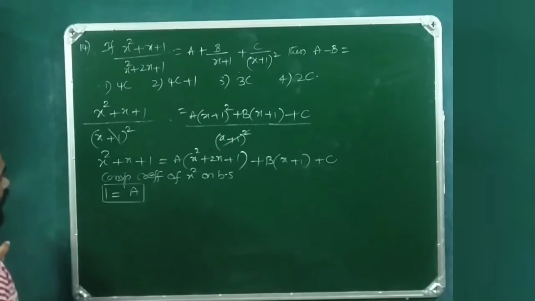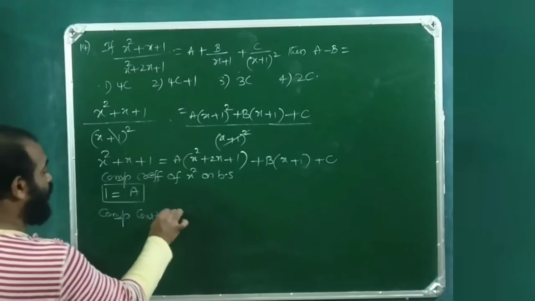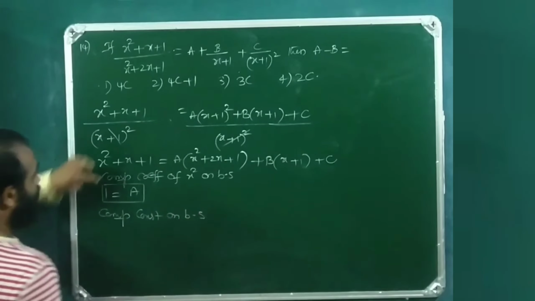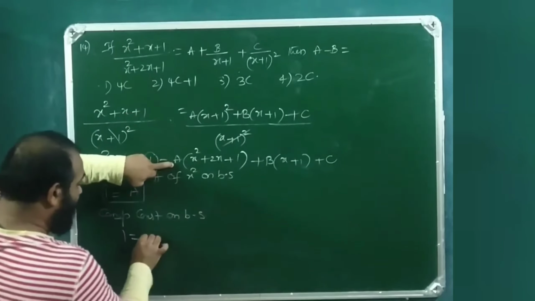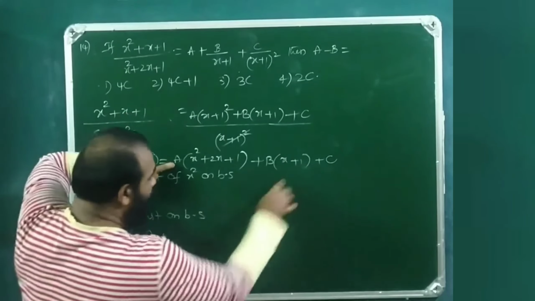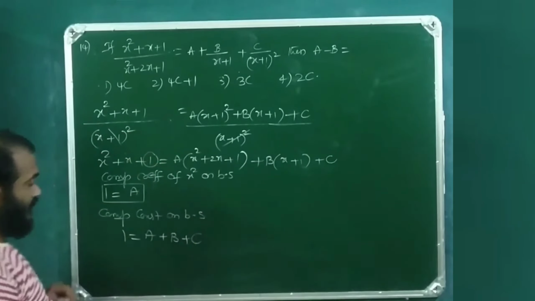Now comparing constants on both sides, this is 1 here. So a into 1 is the constant, plus b into 1 is b, plus c. These are the constants.